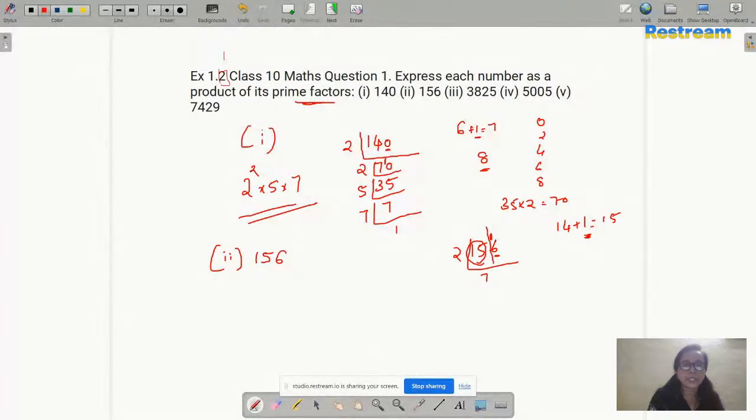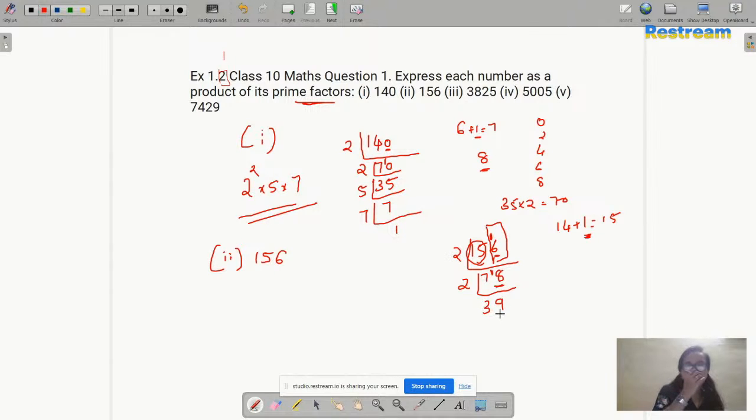Now the new number is 16. So 2 goes on 16 8 times. Then again 78, so the ending number is 8. So 2 goes on 78. 2 goes on 7 3 times. 2 3s are 6, 6 plus 1 is 7. So 1 you can write here. Now the number is 18. Can you follow me? 2 goes on 18, 2 9s are 18. Clear?